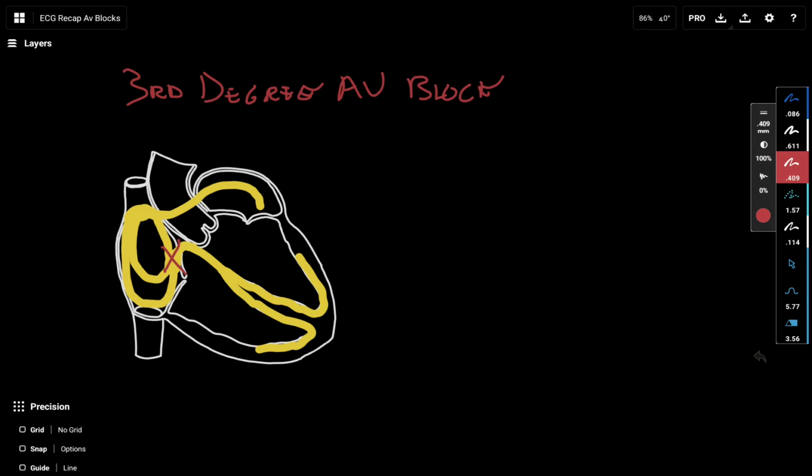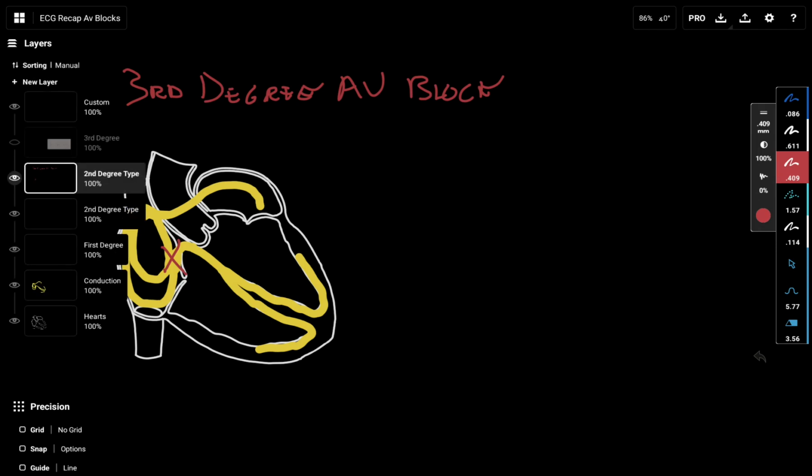This can be due to a septal infarction, for example, or an acute anterior MI, or a trifascicular block, or this can also be due sometimes to some AV nodal blocking drugs, like calcium channel blockers, beta blockers, digoxin, and so on and so forth. So this is quite an important rhythm to be able to recognize.